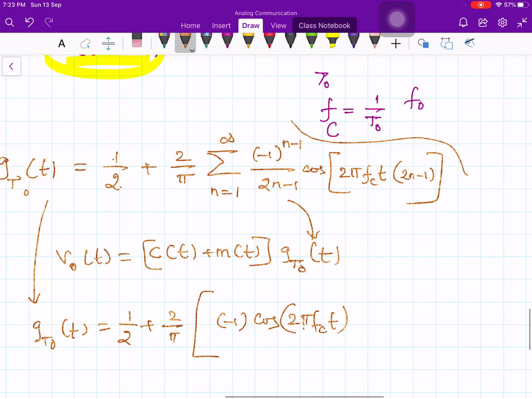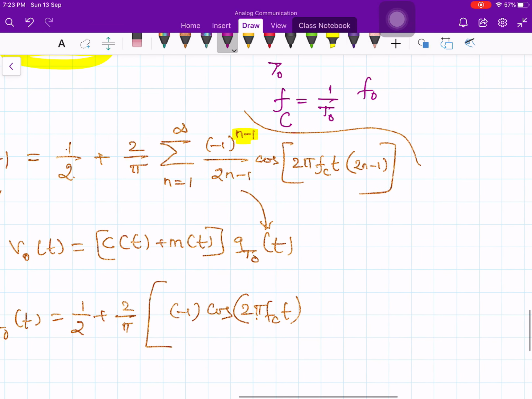If you substitute n equals 2, then minus 1 whole power 1 divided by 2 times 2, 4, minus 1, 3, cos of 2 times 2, 4, minus 1, 3, so 6 pi f_c t.